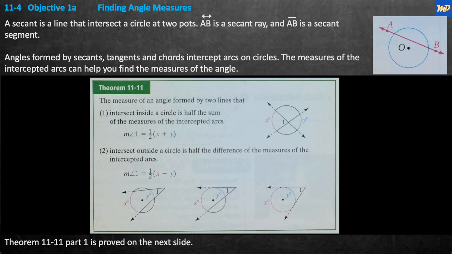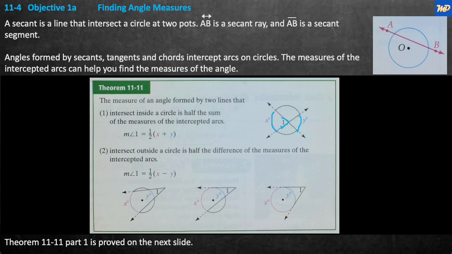In this case, angle 1 right here is formed by the intersection of these two rays, and the intersection of these two rays causes two intercepted arcs. We have the arc from X and the arc from Y. What they're saying is that the measure of angle 1 is equal to half the sum of the two arcs.